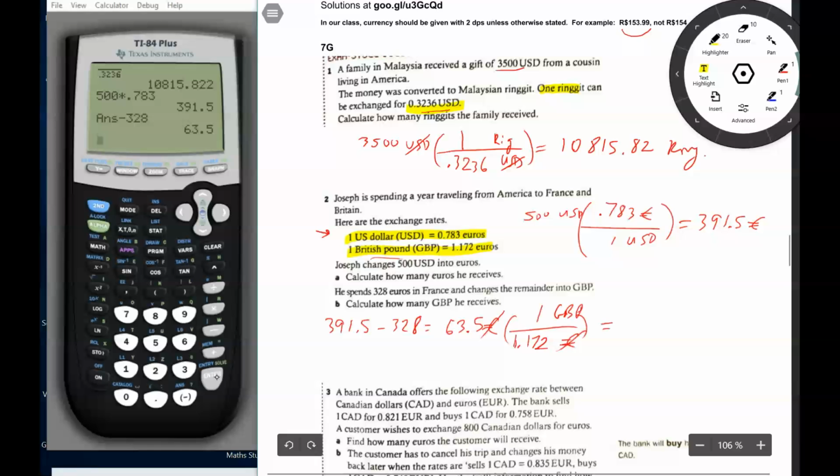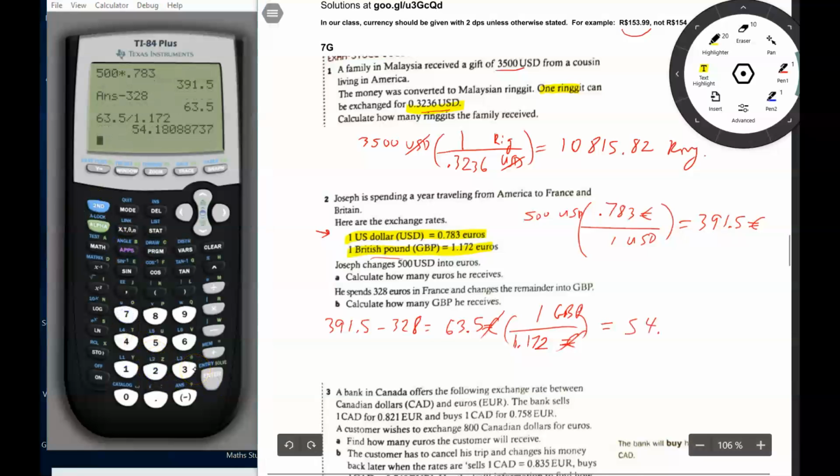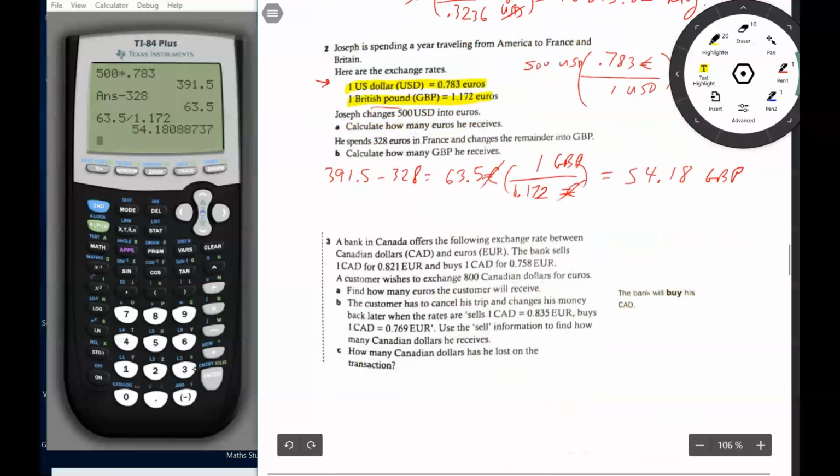Okay, so we're going to do 63.5 divided by 1.172. 54.18 GBP. Okay. 54.18. Okay. Last one.